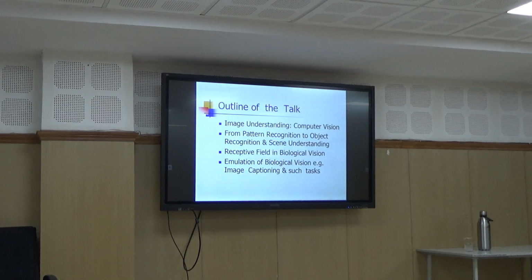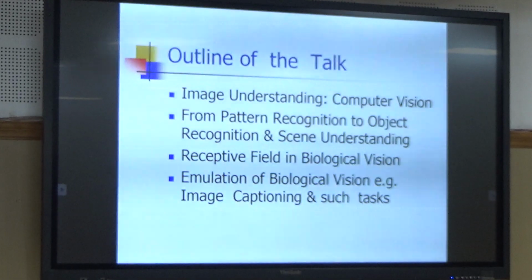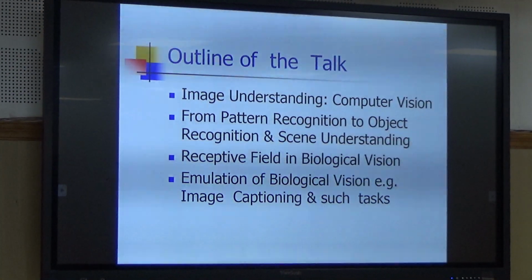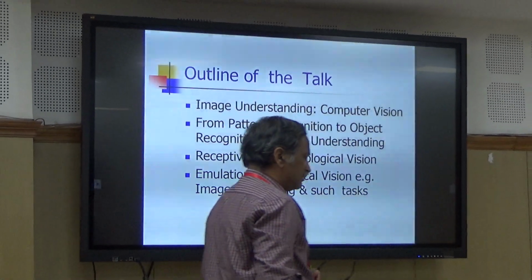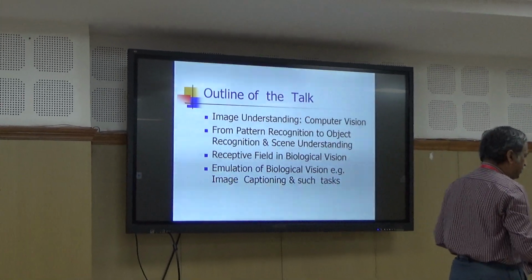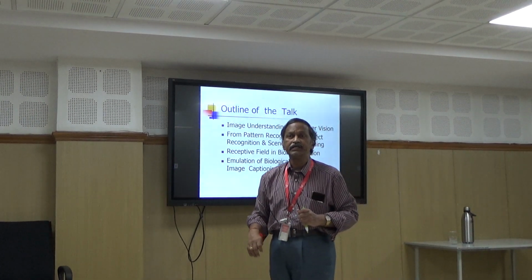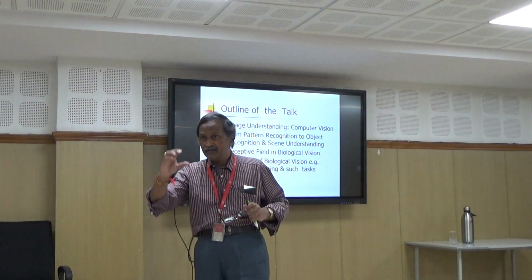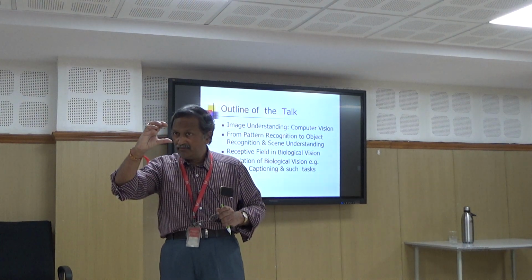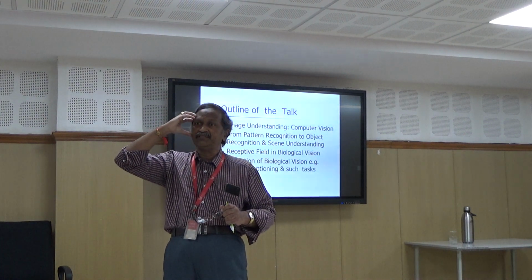The next one is one of the very crucial ideas in deep neural networks, the so-called receptive field. That kernel you have has something to do with the receptive field.